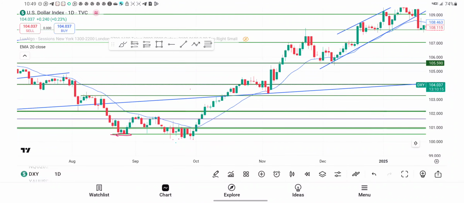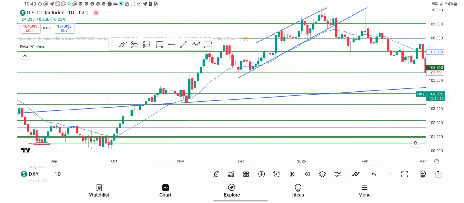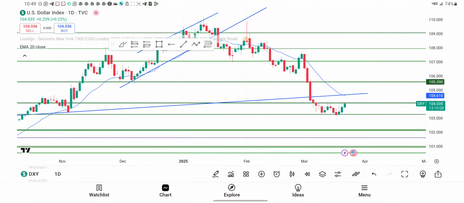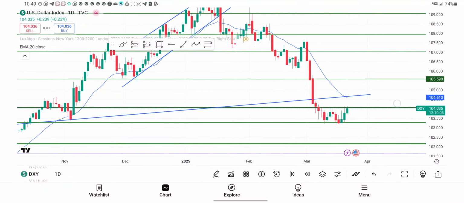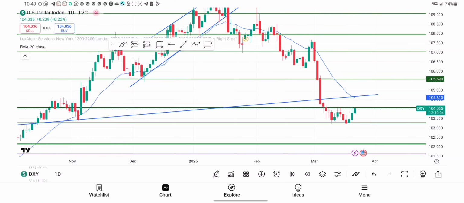You can see where I picked that level up from, right over here. That is a level to watch out for. As the market has come into this level, we can see that we had our low on that level, and we had another low on that level before the market pushed up from it.